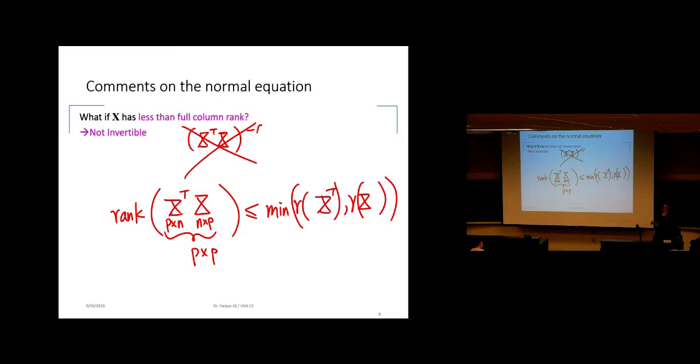So what do I mean when X is not full rank? Our matrix X is n times p. What is the largest possible rank? The full rank is the minimum of n and p, right?